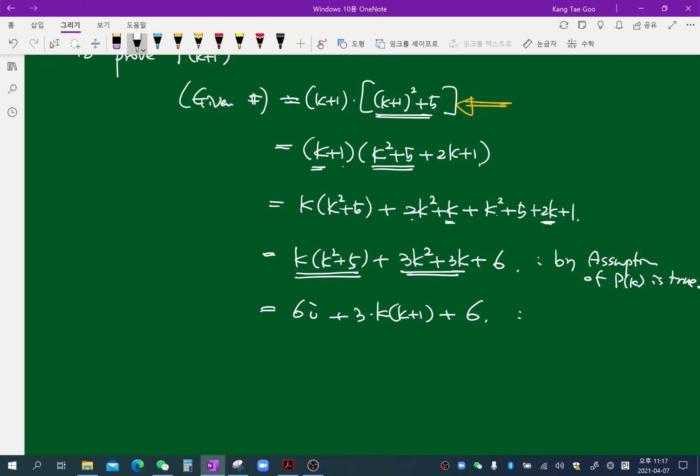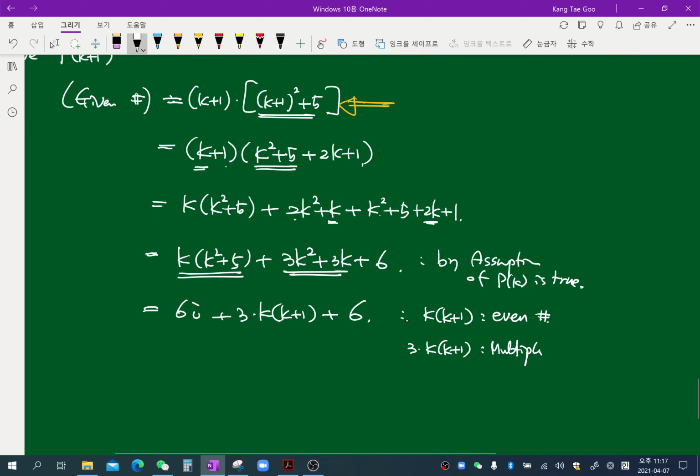And then we can say that k times k plus 1 is an even number, since of two consecutive integers, one of those two is even, correct? And then 3 times that is a multiple of 3 with even, which is a multiple of 6.